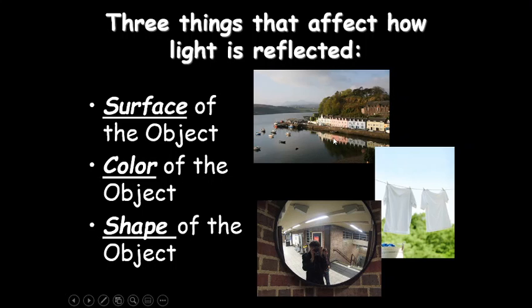Water can be smooth or it can be rough. And depending on how smooth the surface is, the reflection will be almost identical, right? The color of the object can also affect the reflection, and so can the shape. If you have a concave or convex mirror, that could be an example of how light can be reflected off those three different things.